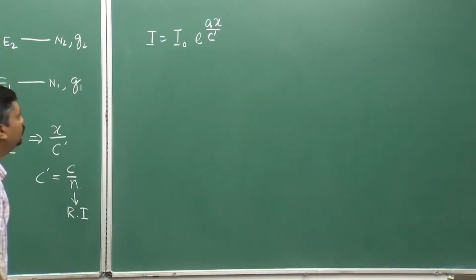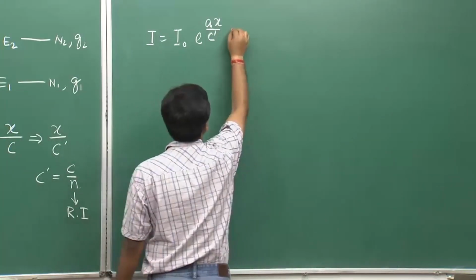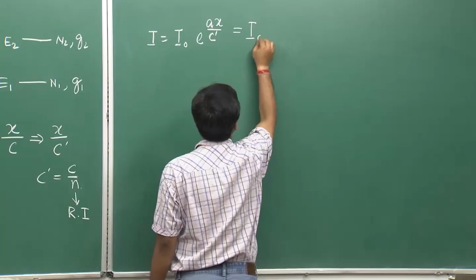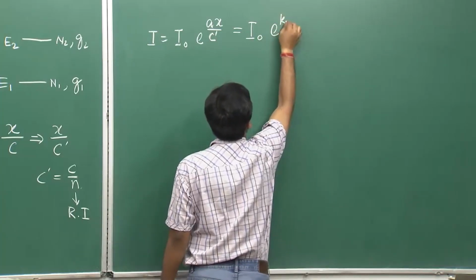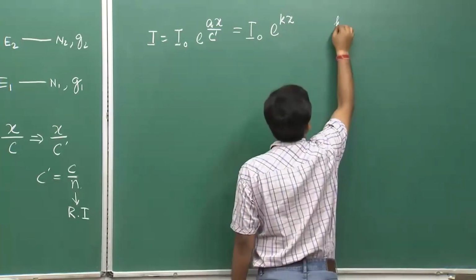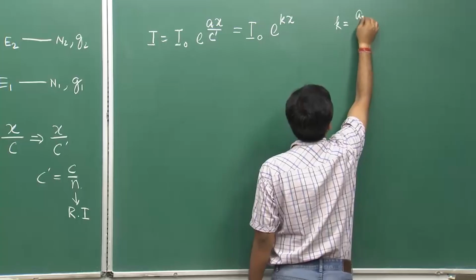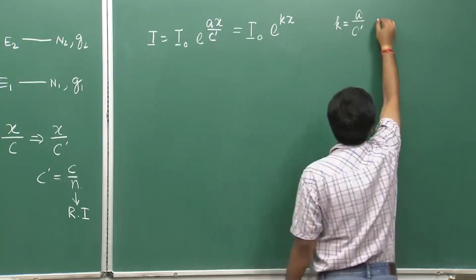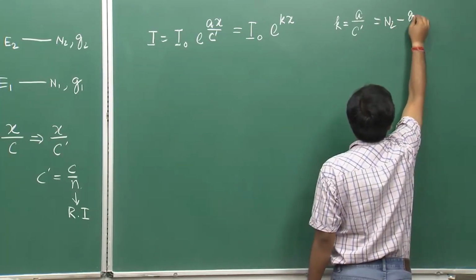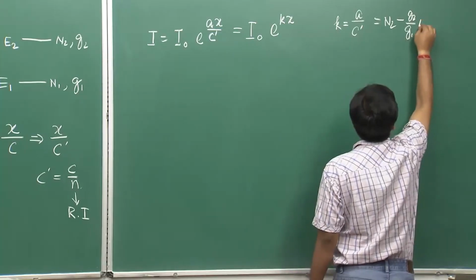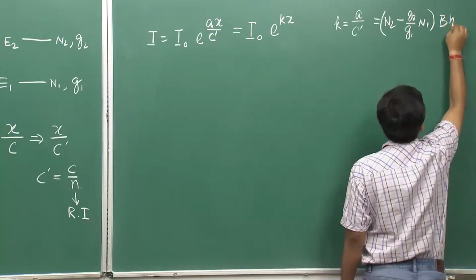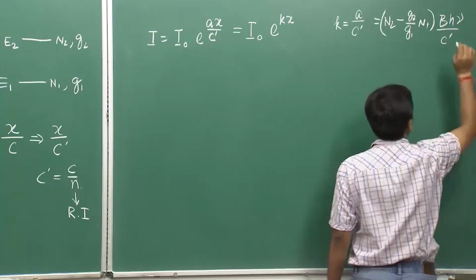If I club this a by C prime, then I can rewrite this like this, where my k is equal to a by C prime.